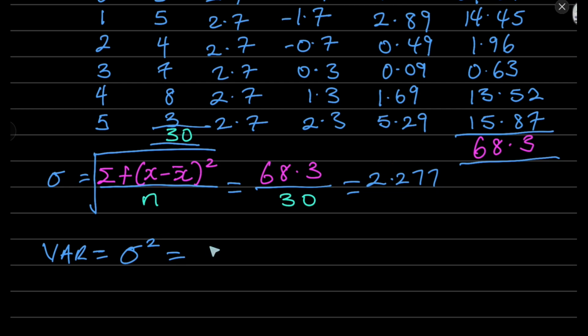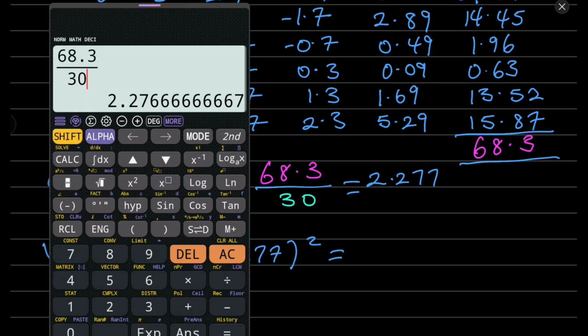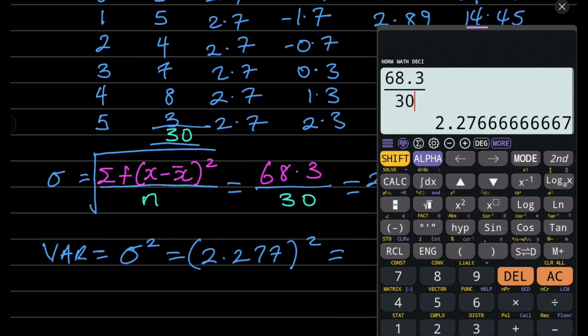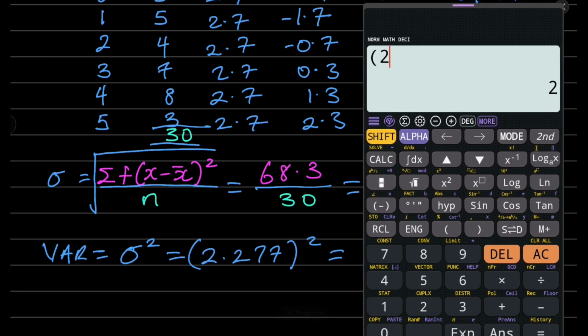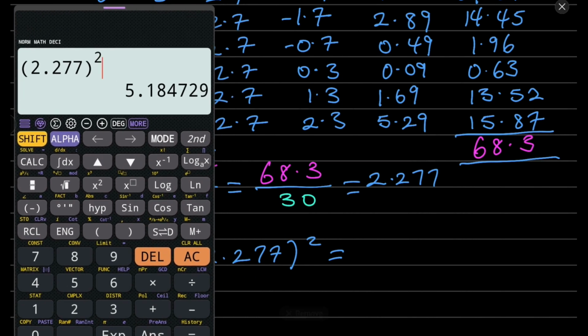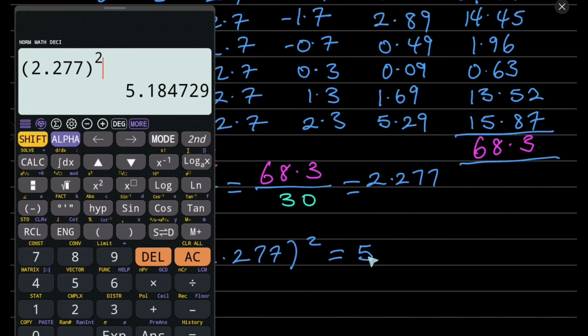So you find 2.277 all squared. That gives a variance of 5.185 to 3 decimal places.